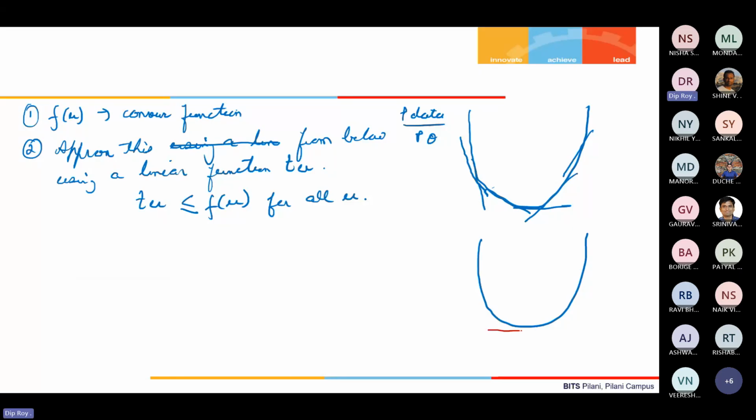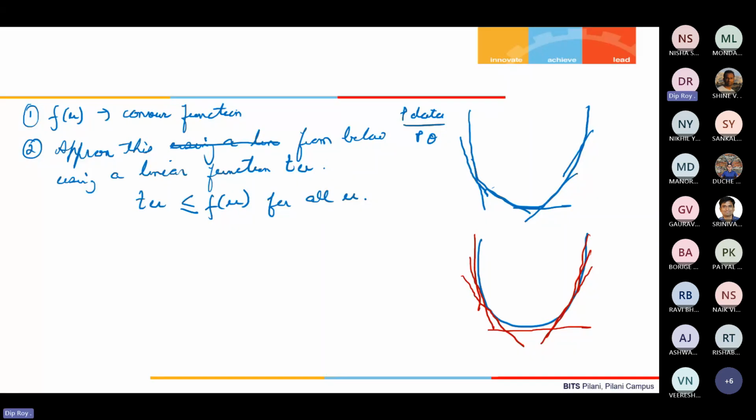We can have a tangent here, and here, everywhere we can have a tangent. Each tangent touches this curve at a particular point. And when you draw all these tangents, you will be able to approximate your convex function.